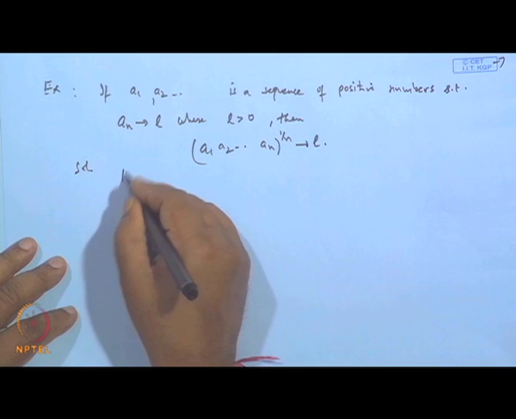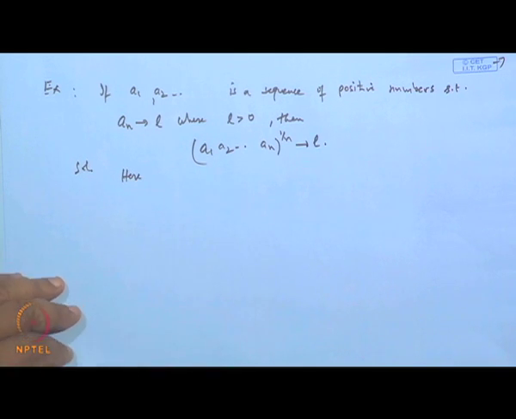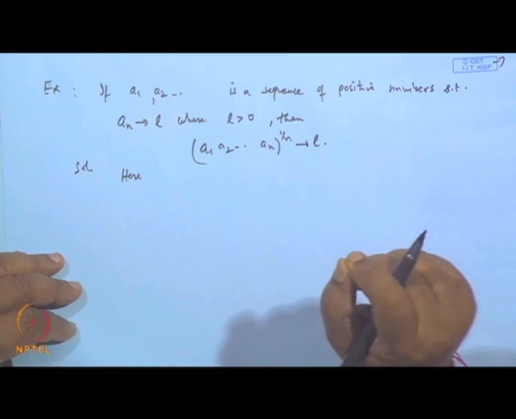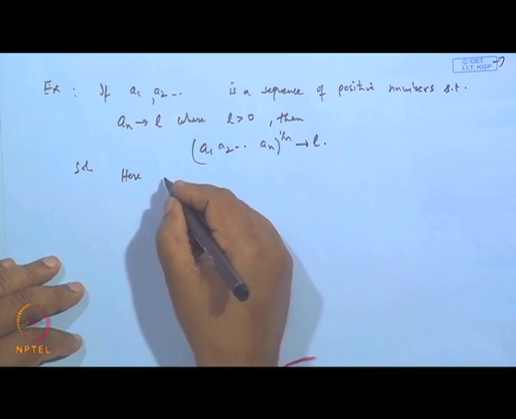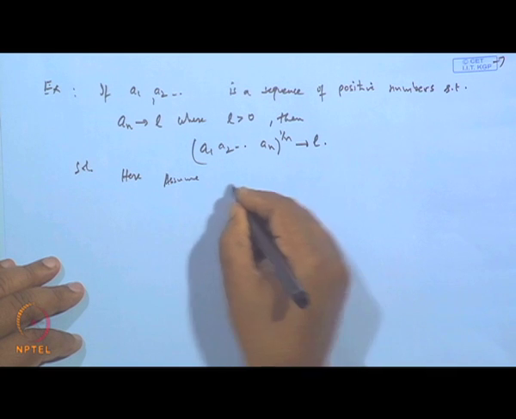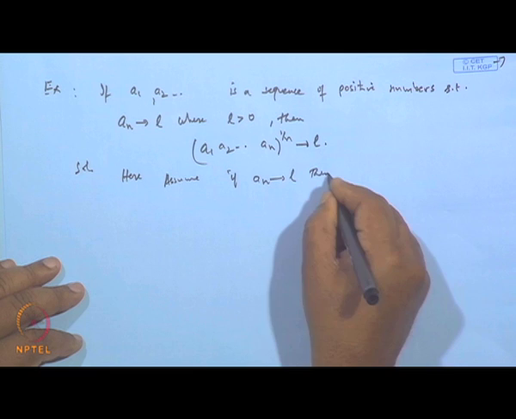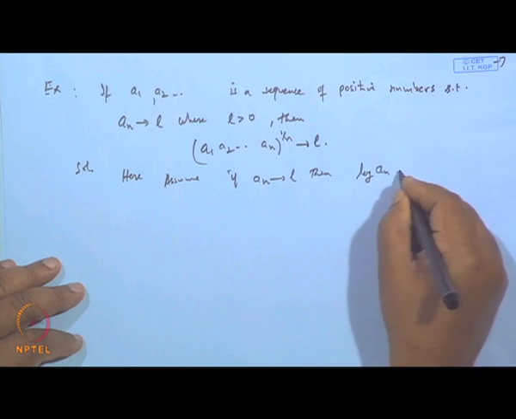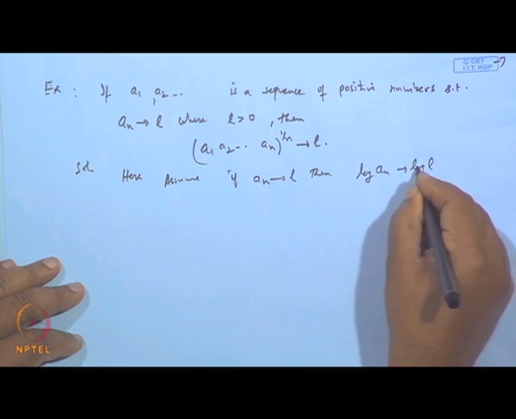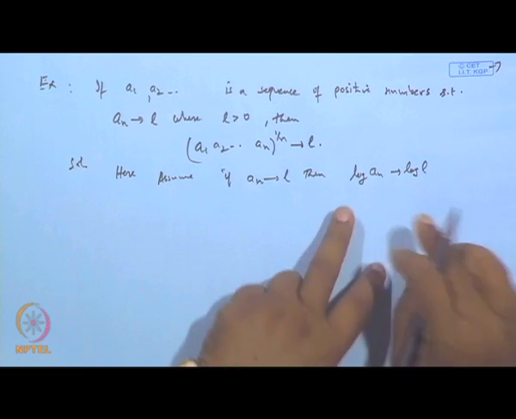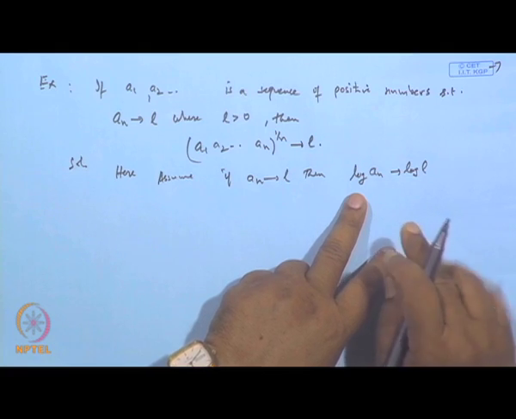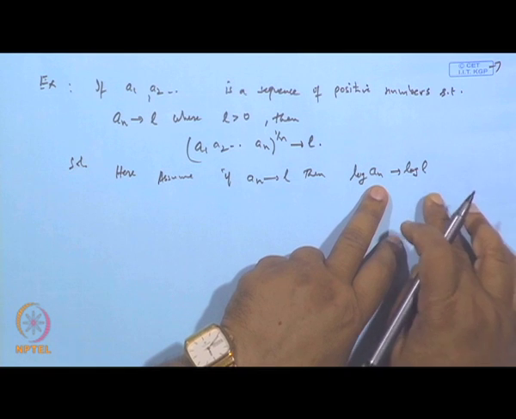So, here we assume that if An converges to L, then log of An will go to log L. This is our assumption. In fact, we will show that log is a continuous function when the argument is positive, of course, well defined.